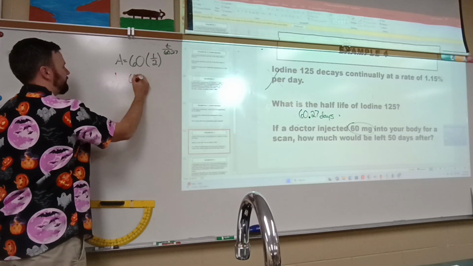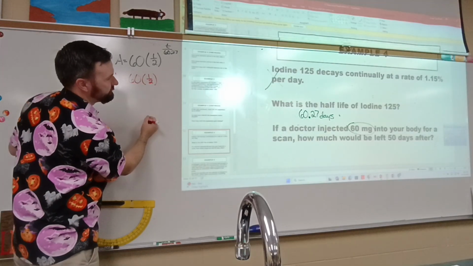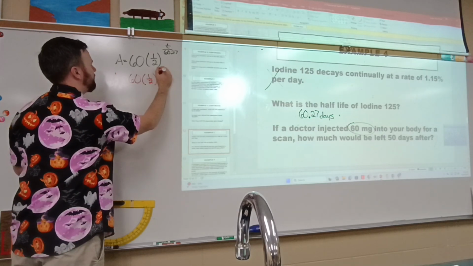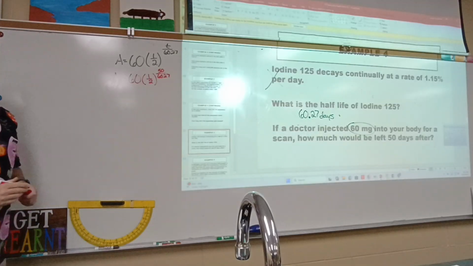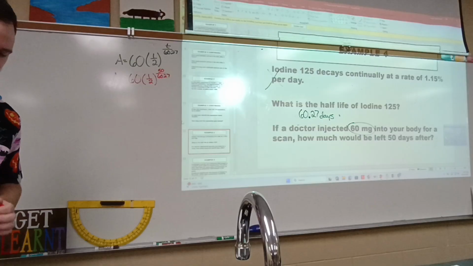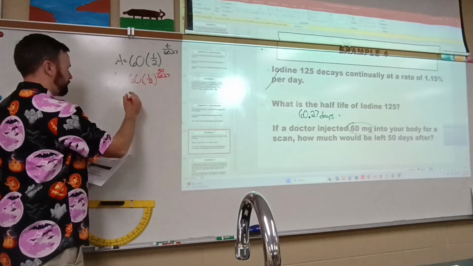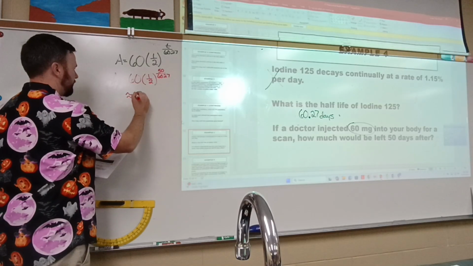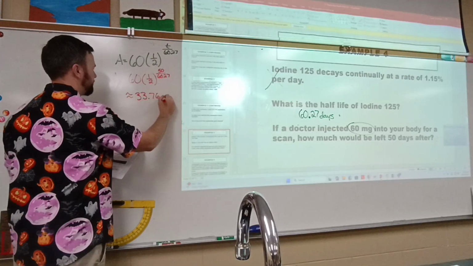T. 50 over 60.27. That 60 milligrams is actually a decent amount. That's a lot to put in your body. And I plug that in. Is there any solving to do, or do I just plug and chug? It's plug-in time. I got 33.76 milligrams.